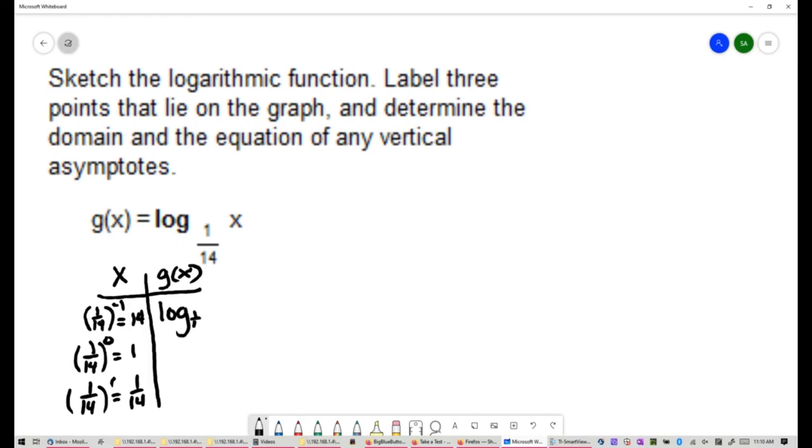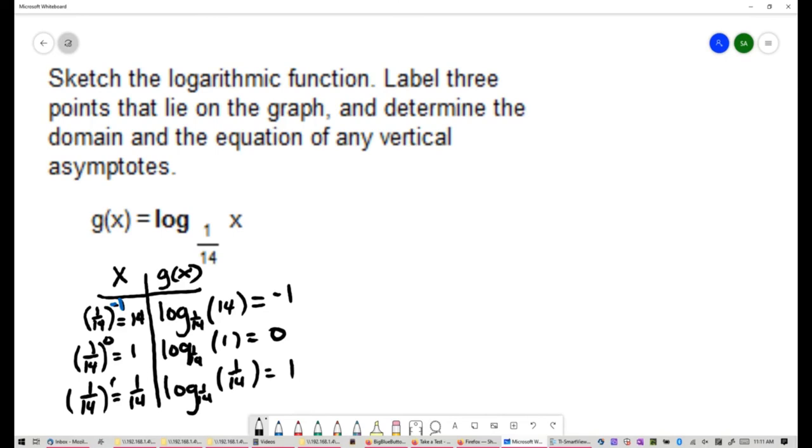Log base 1/14 of 14 is going to give me this -1. Log base 1/14 of 1 will give me 0, and log base 1/14 of 1/14 will give me 1. So this gives me ordered pairs of 14, -1, 1, 0, and 1/14, 1.